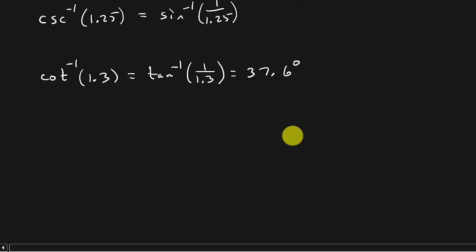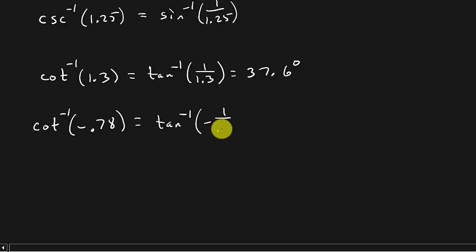So now the one that doesn't. That is if you are doing the inverse cotangent of, say, -0.78. Okay, so first thing we would do, that would be the inverse tangent of -1 over 0.78.